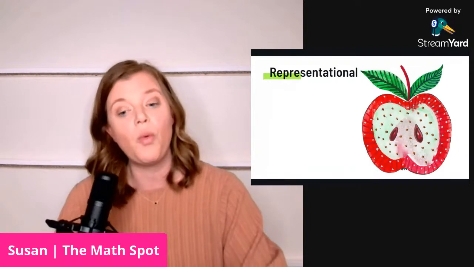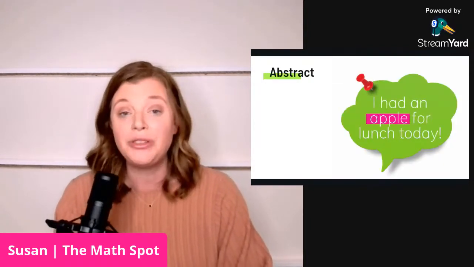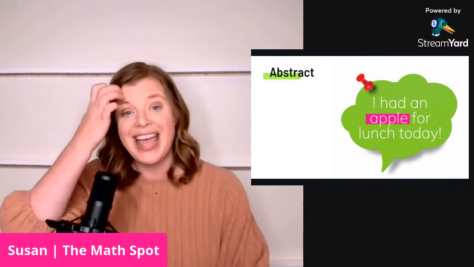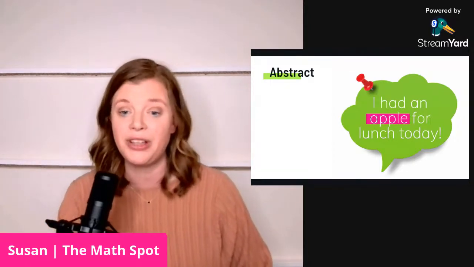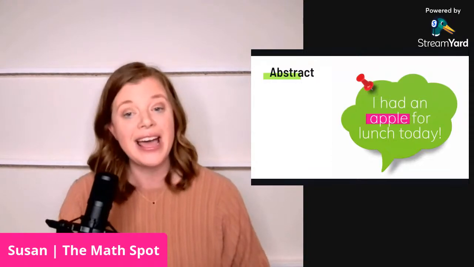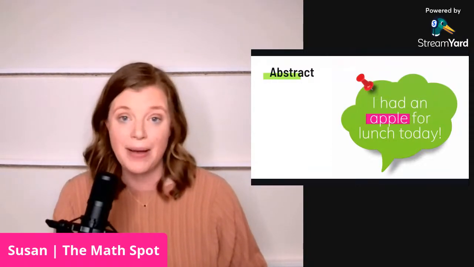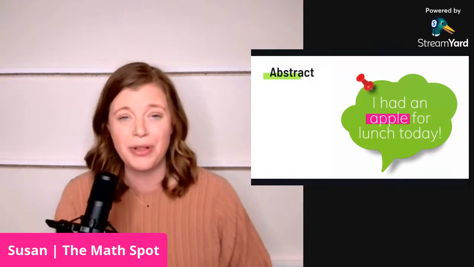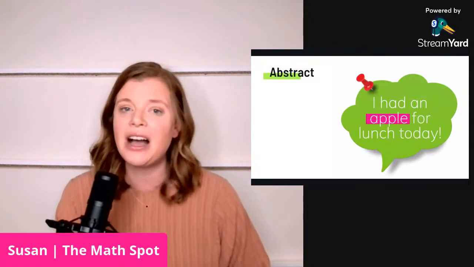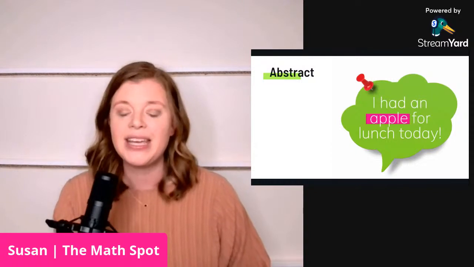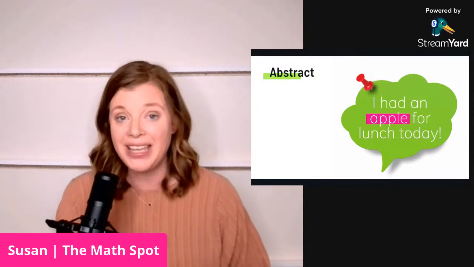So we're going to move one step further down the framework to the abstract. Now, at the abstract level, we're not putting in place any sort of support for our student. So at the abstract level, that might be a sentence that said, I had an apple for lunch today. Now, if someone has never seen an apple before, has never experienced an apple, has no concept of what an apple is, this sentence is not going to be supportive in terms of teaching them and helping them to understand what an apple is.